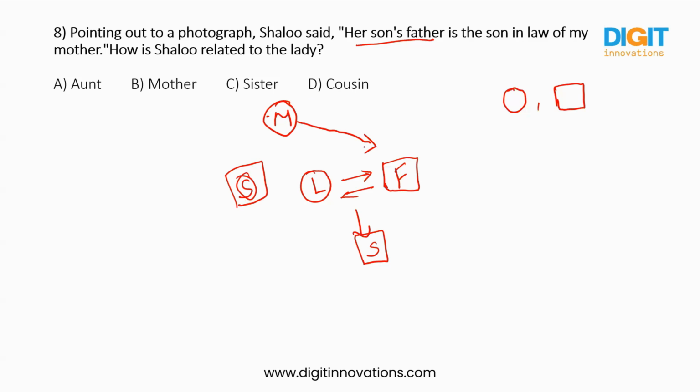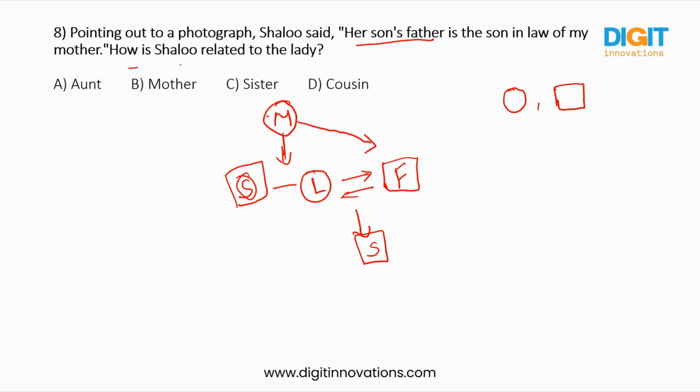Son-in-law means the person who married her daughter, right? So this lady will be daughter for this mother, right? That is the connection. So this mother is the mother of Shalu also. So for this mother, two children were there.